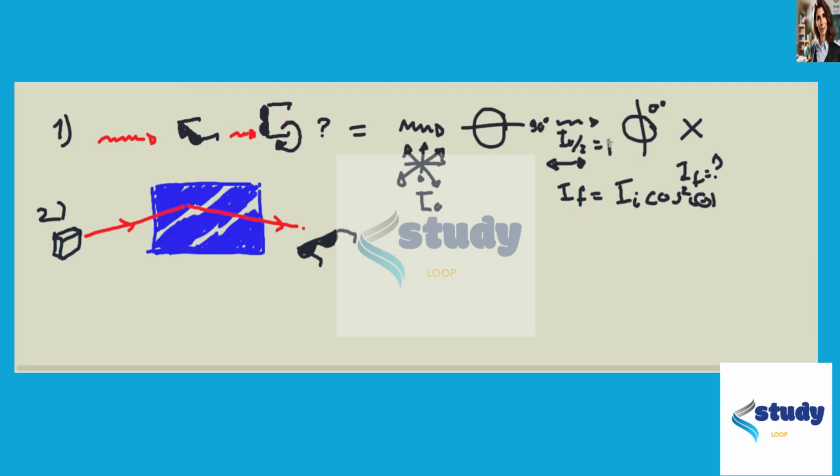So this is what your incident intensity on the second polarizer would always be. So in the first experiment, you get an unpolarized light source, shine it through the first pair of sunglasses, and then rotate the second pair around 360 degrees to see where you get maxima and minima and what kind of intensities you capture.